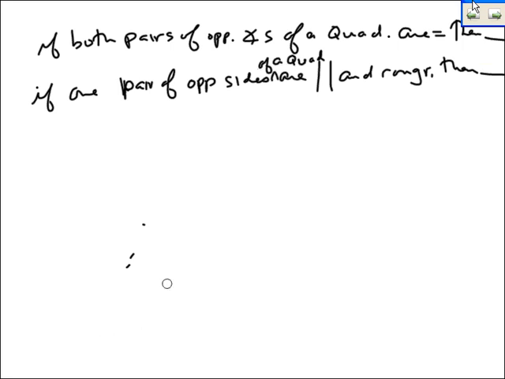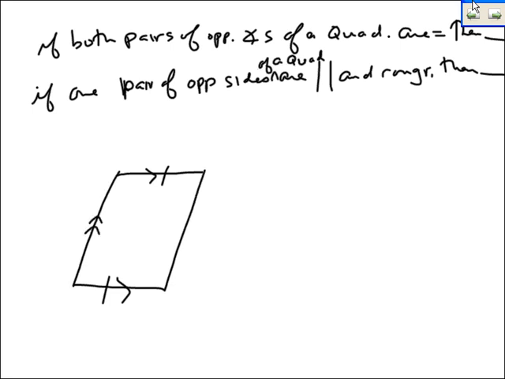What is this one saying? Saying the following. If these two sides are parallel, let me actually draw it lower. If these two sides are parallel, this side and this side are parallel, and they're the same length, then it must be that the other two sides are also parallel, making this a parallelogram.